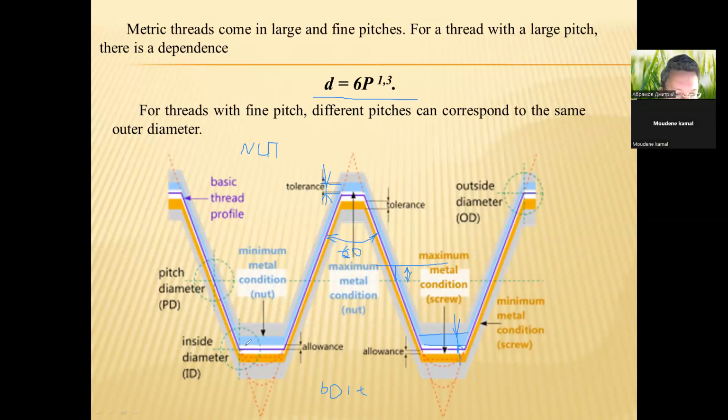And for the bolt, the tolerance field in the outer diameter, the tolerance field in the inner diameter of the bolt, and the tolerance field in the pitch diameter, from this point to this point.